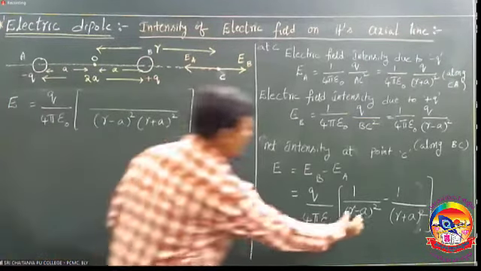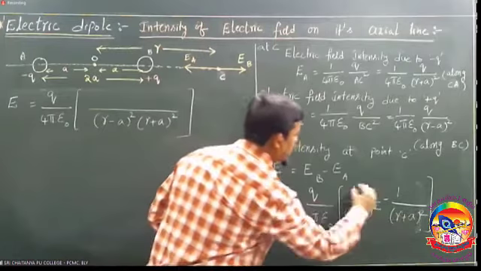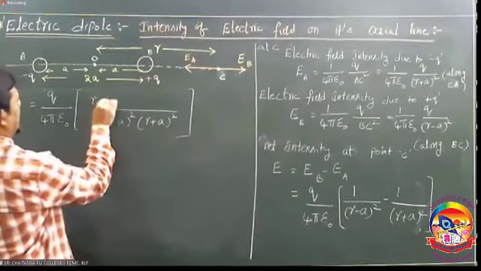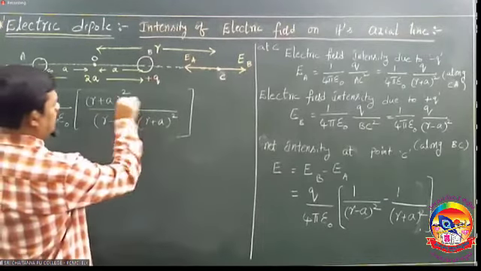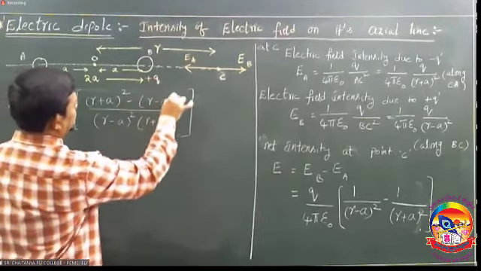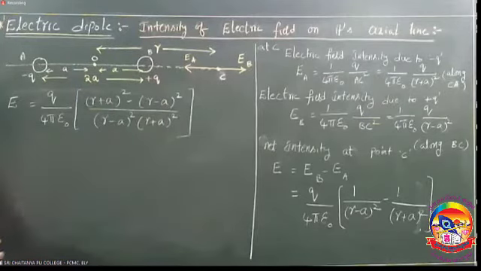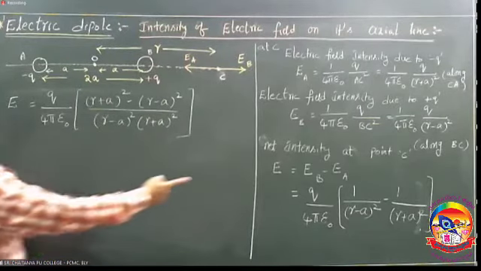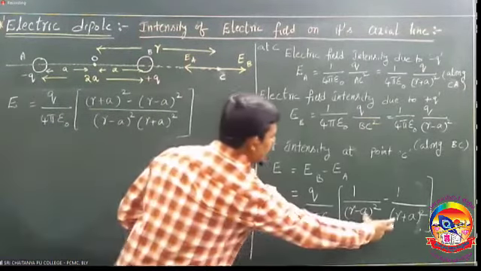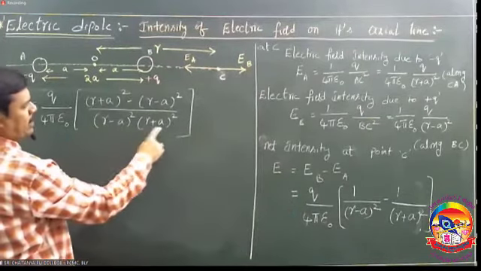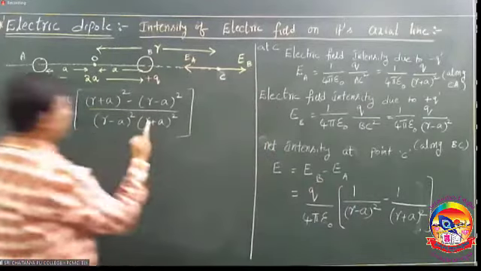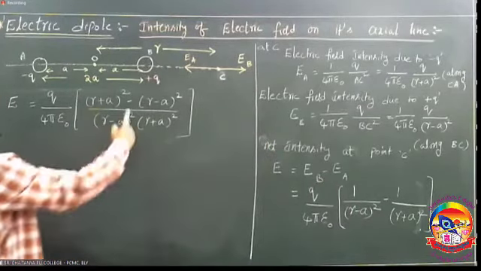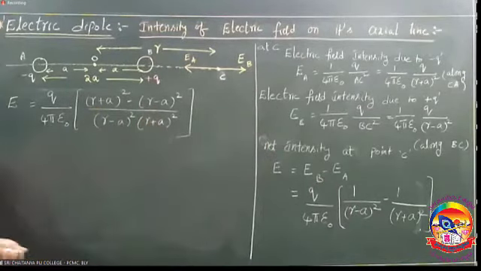As here r minus a whole square is there, it comes up: r plus a whole square minus r minus a whole square. Is this point clear? Here you need a little bit of mathematics.